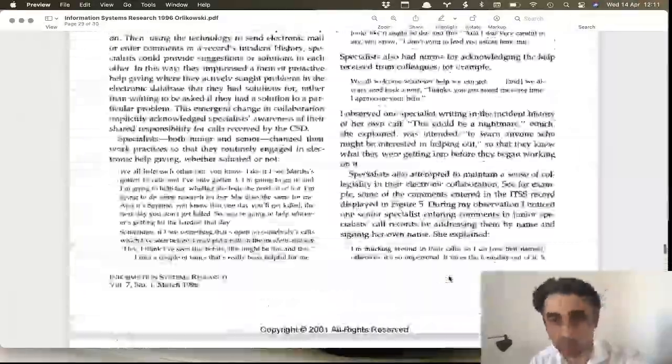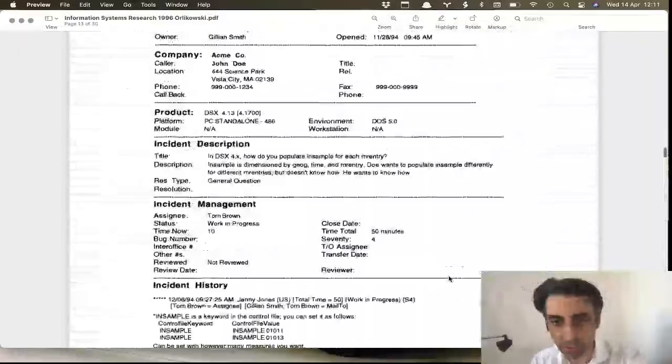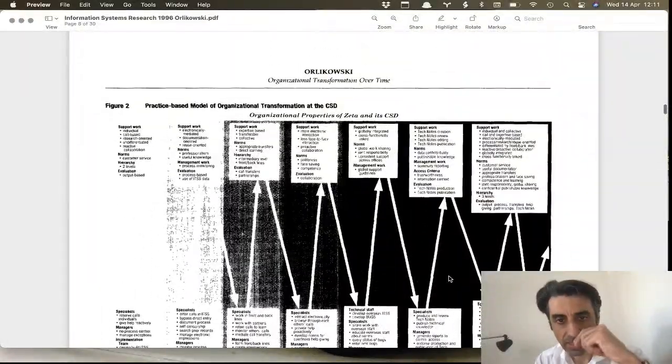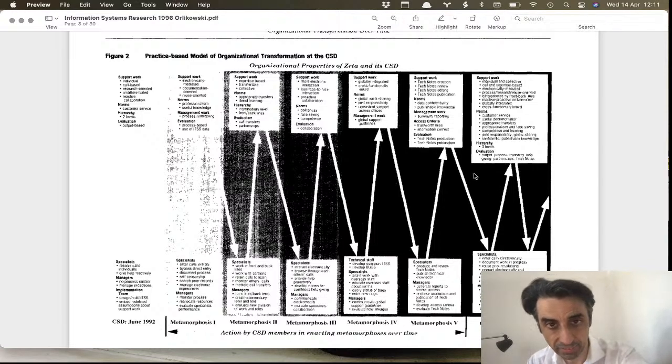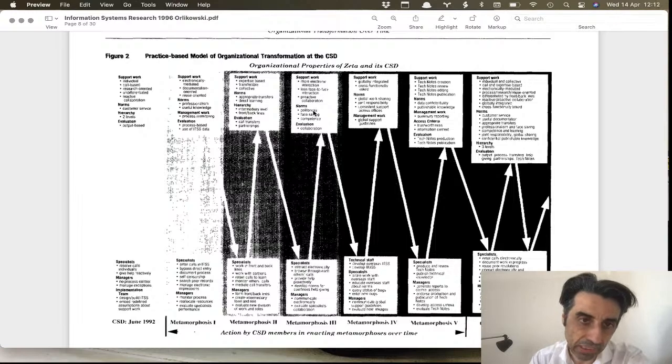Now, what Wanda did that I would actually do the other way around is that Wanda has the overall graph with all of the metamorphoses at the beginning, and so she then zooms in the analysis, and I would actually have this at the end, because this is linear, right?